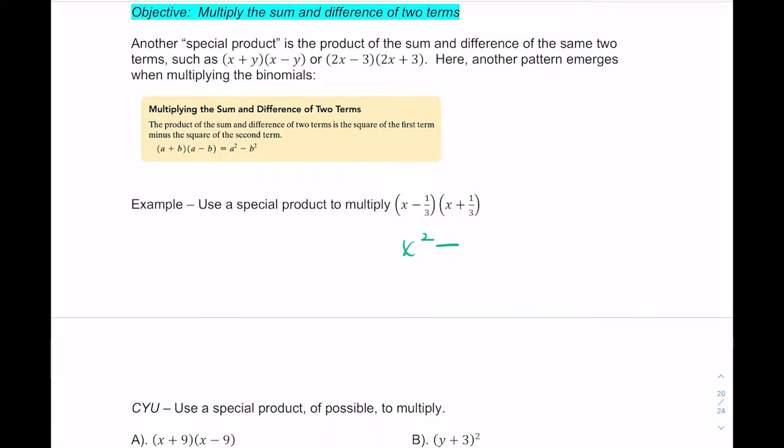And then you're going to square the last term. So remember, when you square 1/3, that's a quotient to a power. I have to distribute the power. So I'm going to have x squared minus 1 squared divided by 3 squared, which if we simplify that, we would get x squared minus 1/9.